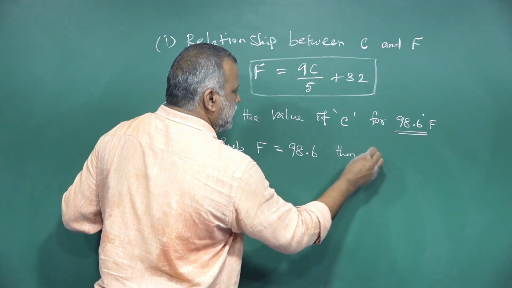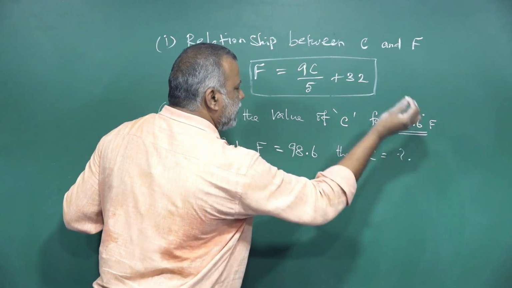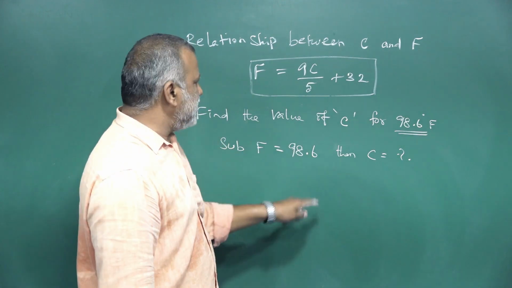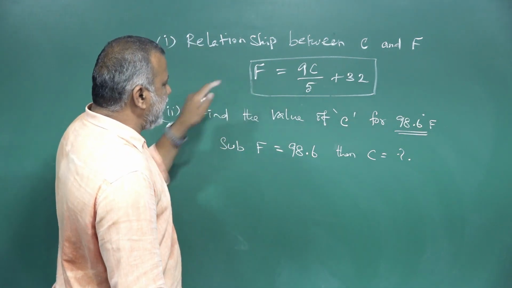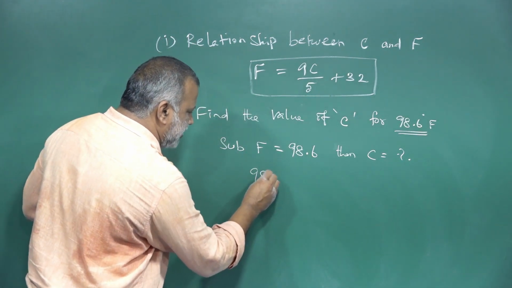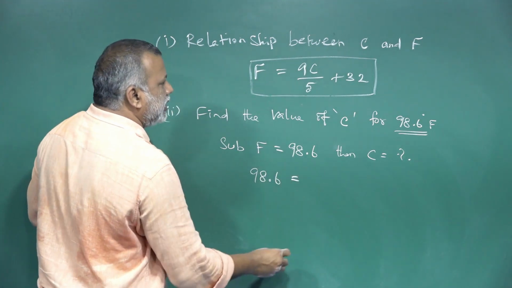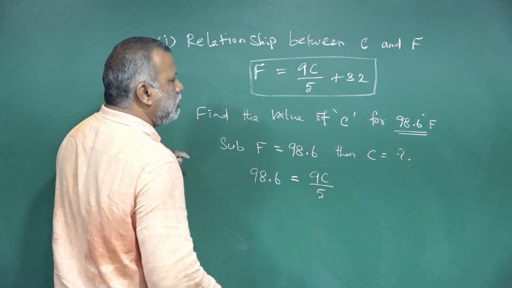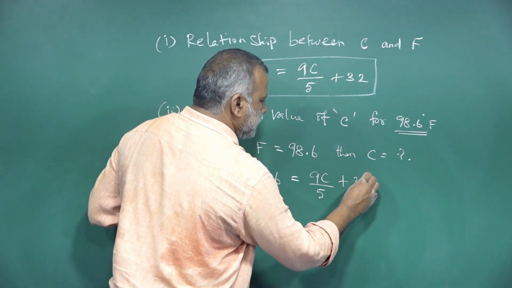Then C equals question mark. So F is given. We need to find the value of C. Just substitute here. The value of F is 98.6. That is equal to 9C divided by 5, that is unknown, plus 32.